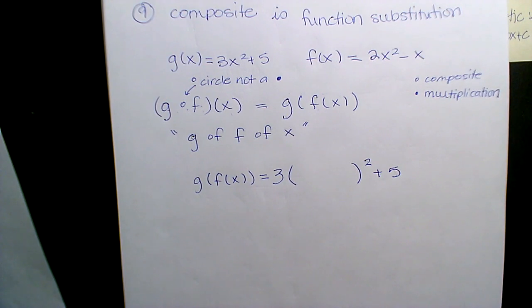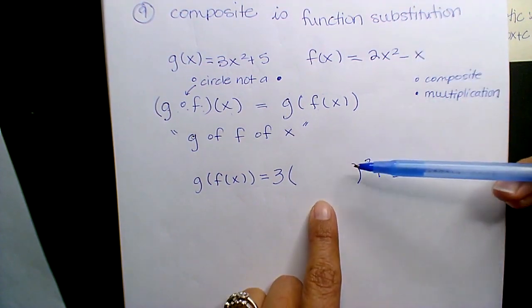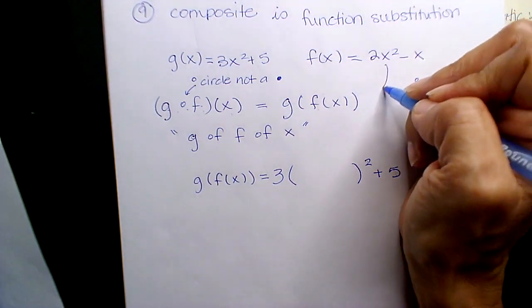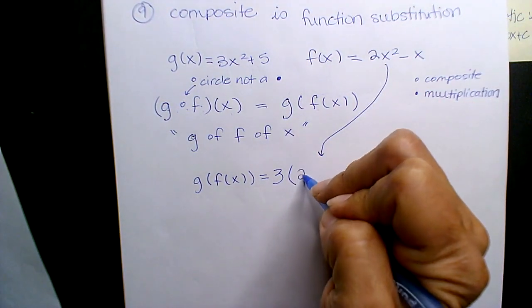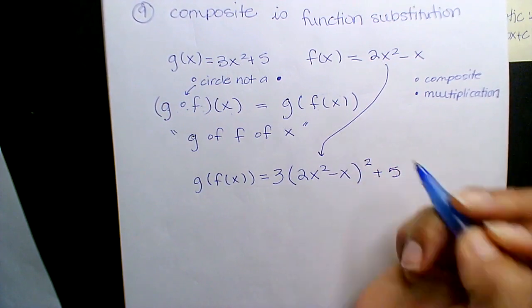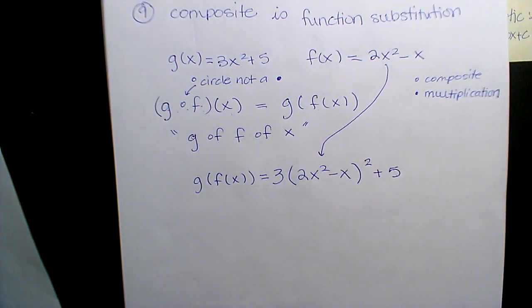That's all it is. Anytime you see an x or the variable, whatever the variable is, that's where it gets substituted. And so this goes into here, 2x squared minus x. And so your substitution was a binomial.